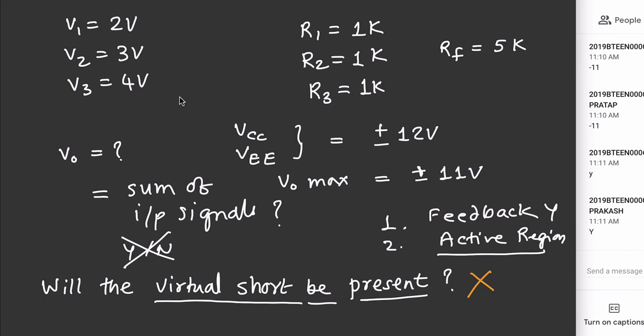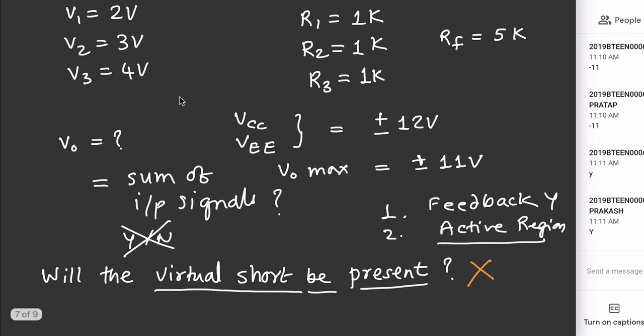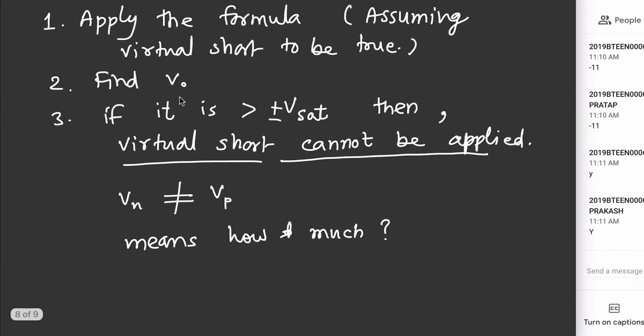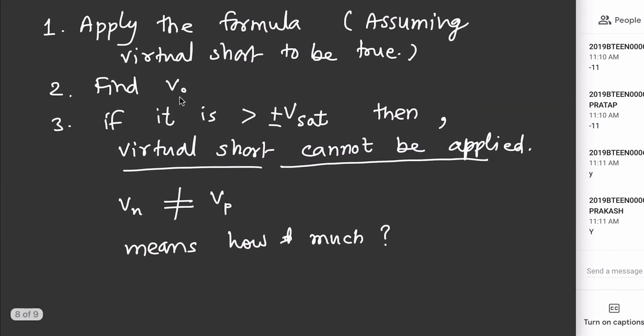Then we understood for some other case that the output is saturated, and that virtual short cannot be present. How can we understand whether virtual short is present or not? We use the formula assuming virtual short and find VO. If it is more than plus minus Vsat, we conclude that virtual short cannot be applied. When virtual short cannot be applied, Vn is not equal to Vp.